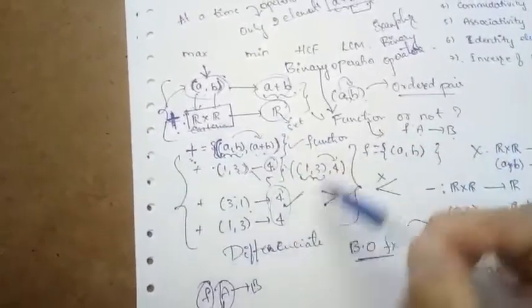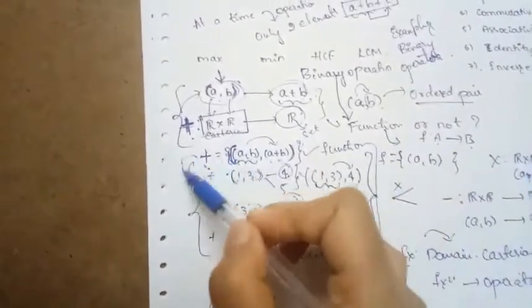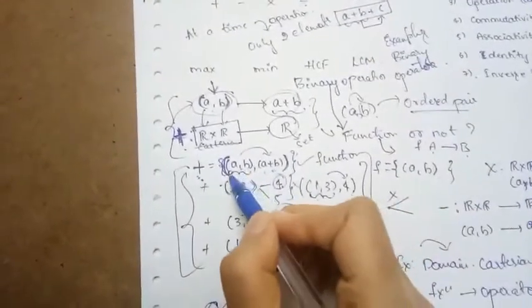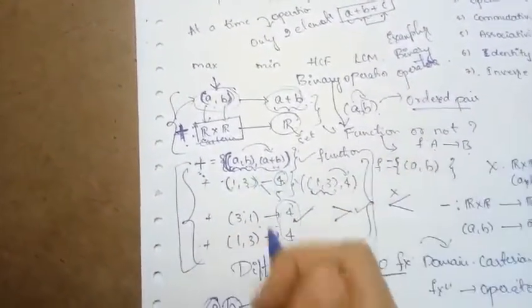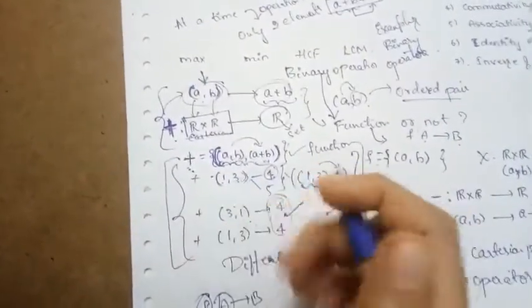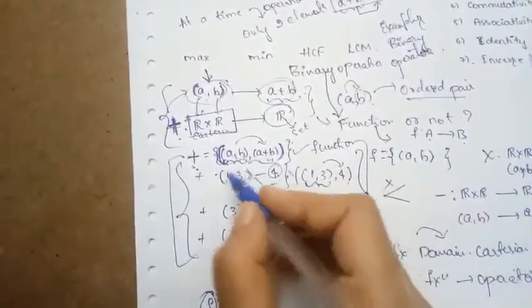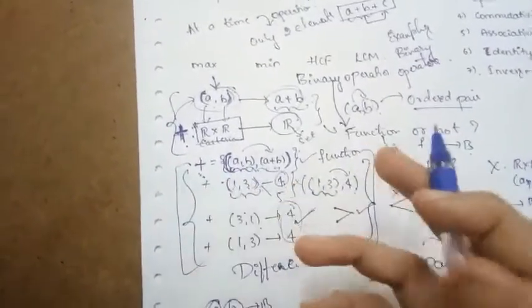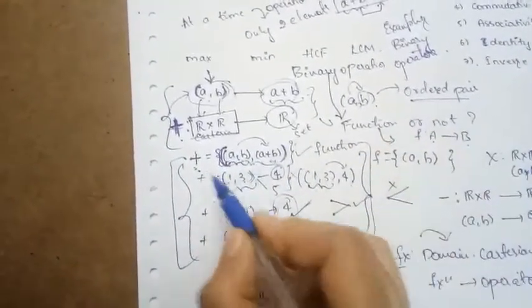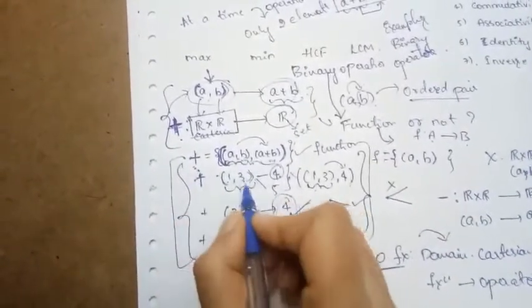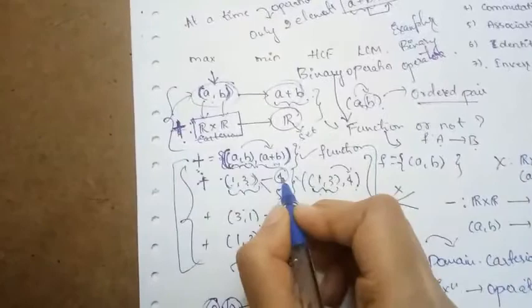And here we have come across the question of whether the binary operation is a function or not. Generally, if I write the binary operation in set builder form, it will be in this form. Let me take one example to verify that. If I take any ordered pair like 1 comma 3 and use the operator addition, the addition involved between these two numbers will give us one number.